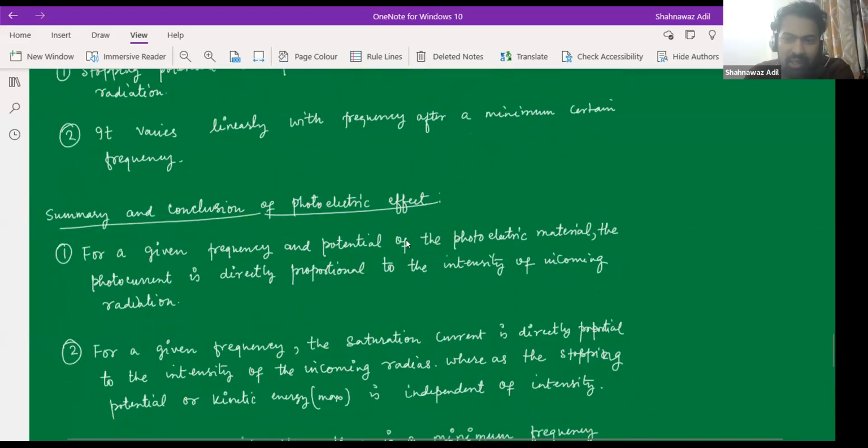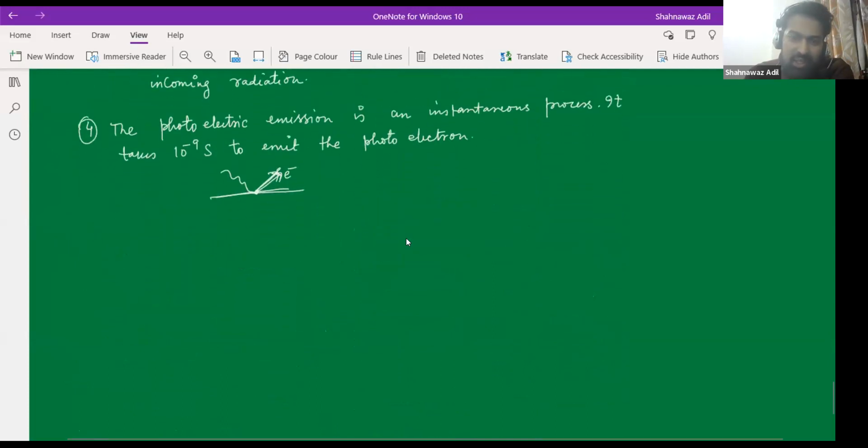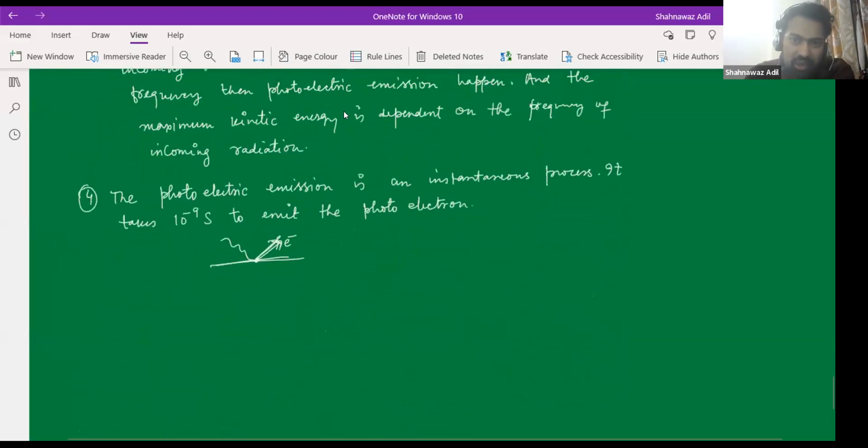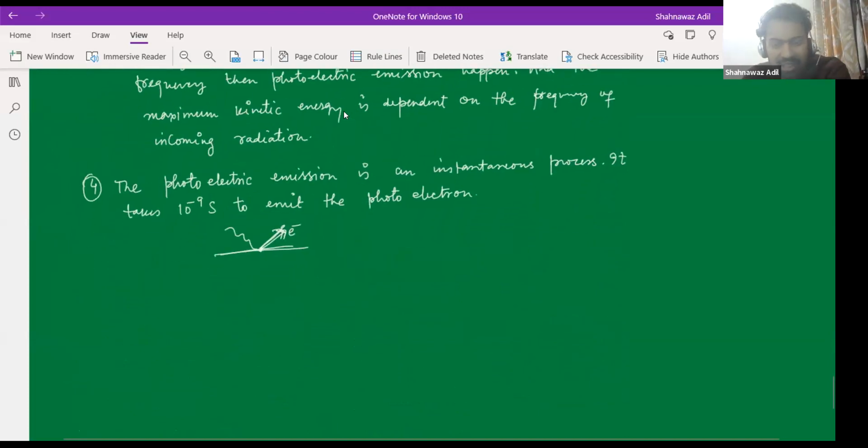So then Einstein stated that we should not think of radiation as wave nature to justify the photoelectric effect. We should think of light as made up of tiny particles, which he called photons, right?